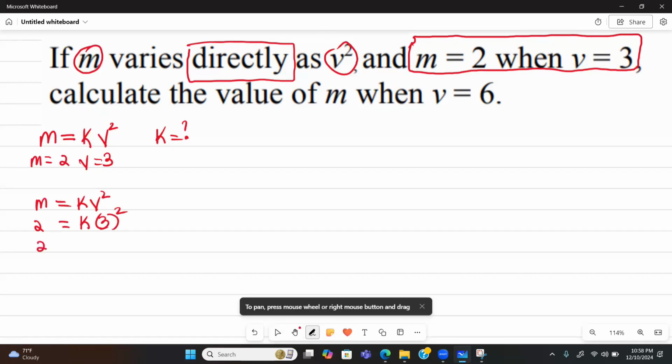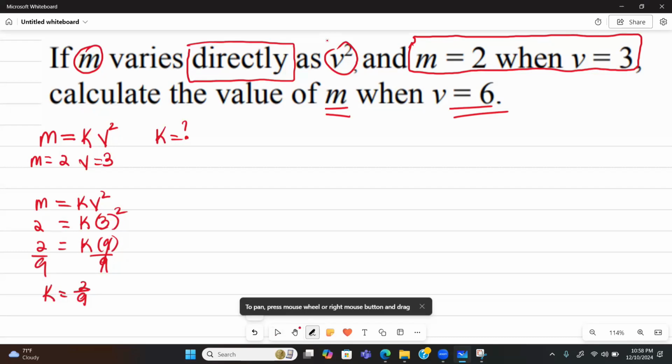So 2 is equal to k times 9. Now, in order to find k, I'll divide both sides by 9. So we could see here that k is equal to 2/9. Now, because I know what k is, I'm now able to solve a problem that involves a missing m and a value for v.